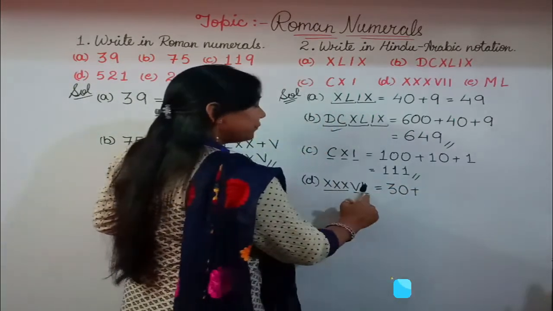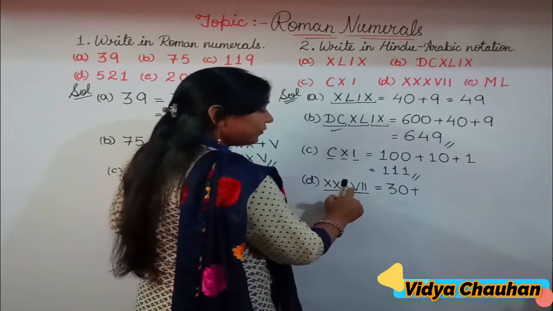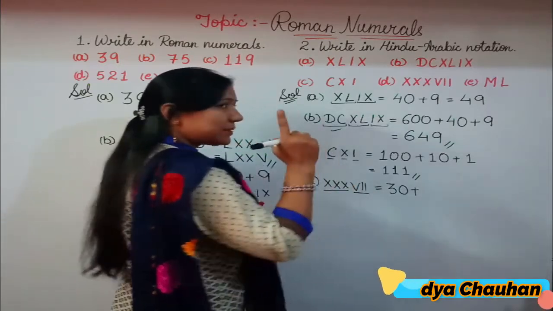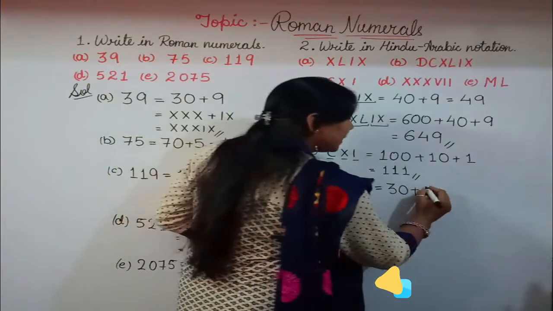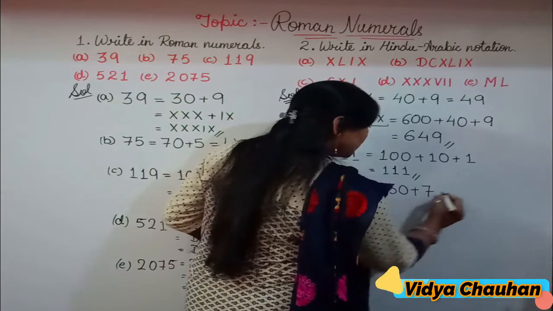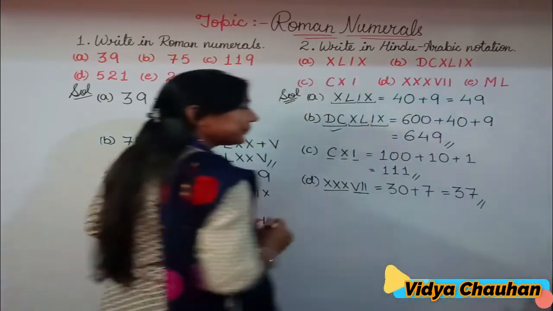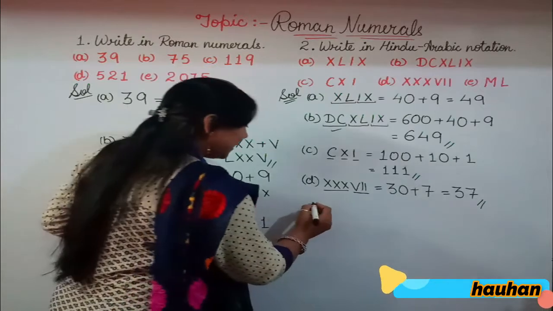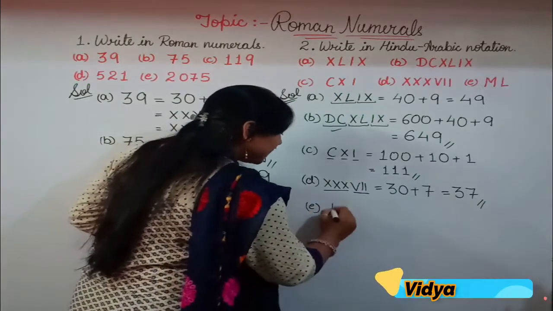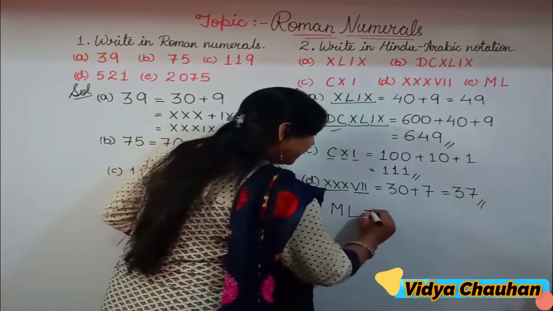Plus VII: V represents 5 and these two I's represent 1 and 1. So 5 plus 2 is 7. So what is your number? Your number is 37.